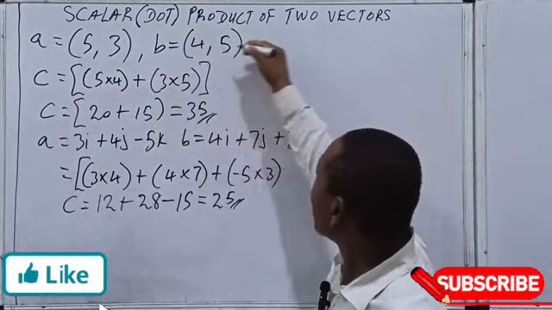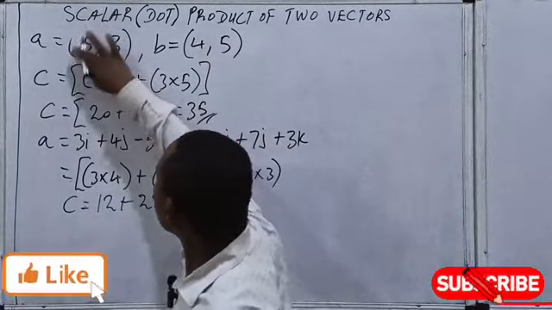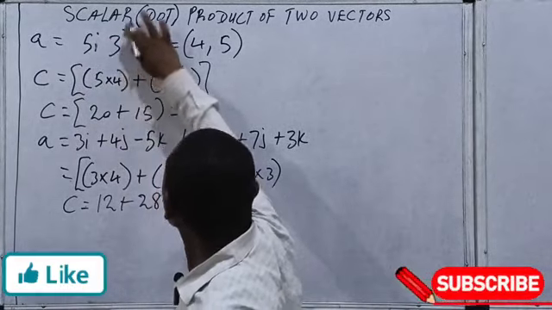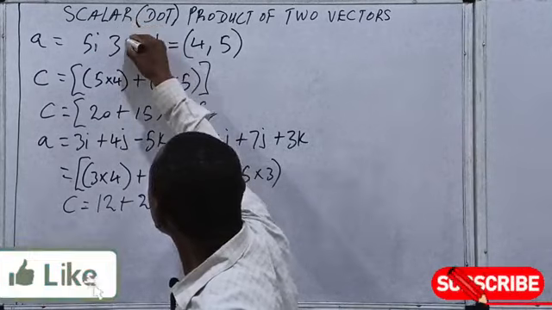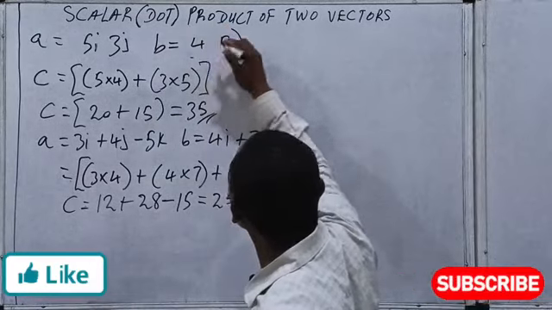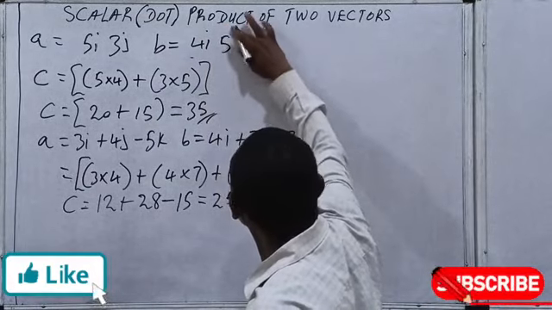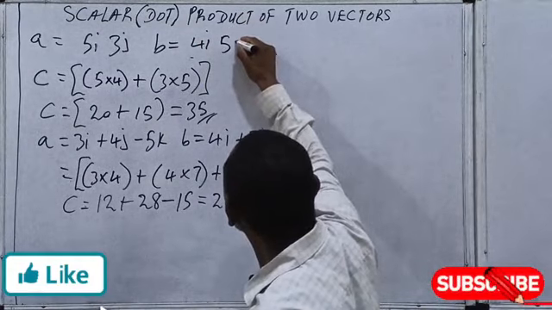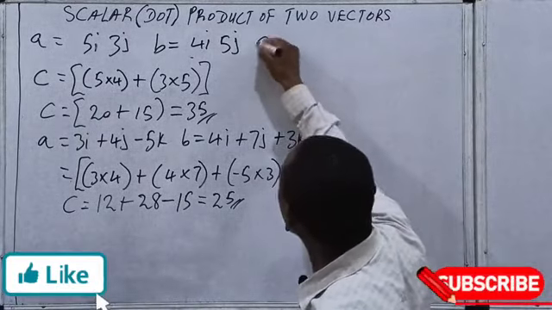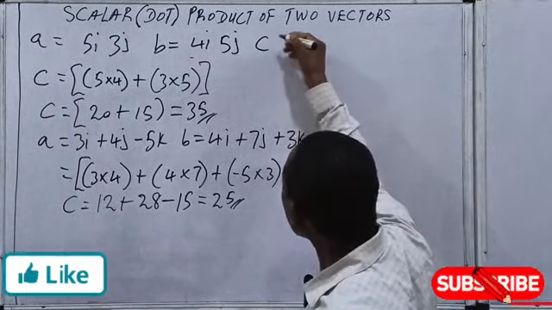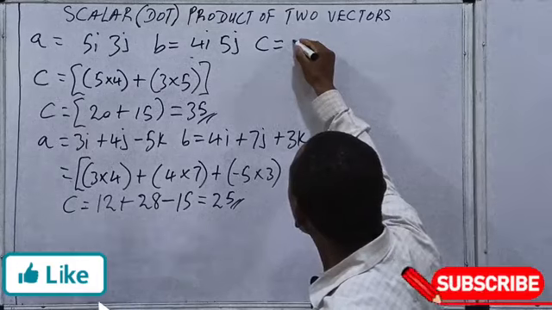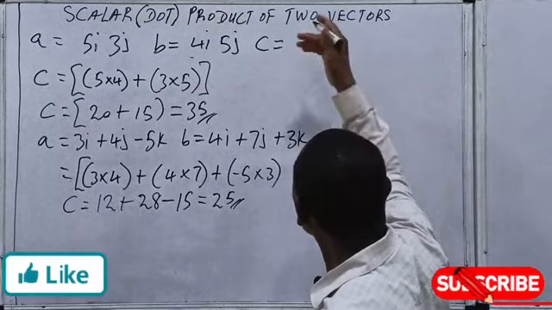I can modify this. Let's assume, for example, you have i. Okay. Then here you have another vector.